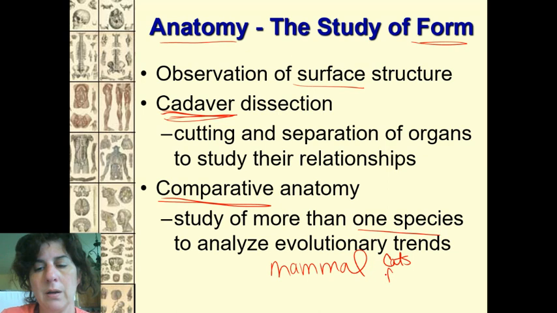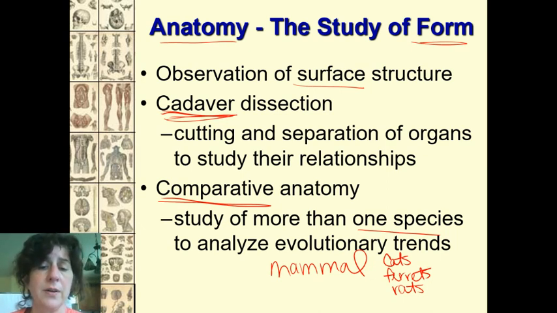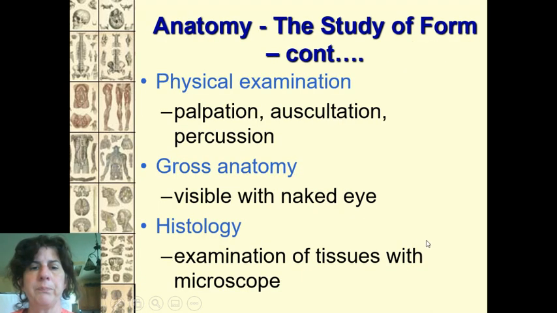I've seen ferrets. The other one is rats. Rats are nice and cheap, so we use rats a lot of the time in class. But all of these are types of mammals, so their structures are going to be very, very similar to the human ones, and we can use that to get a general idea and compare it back to a human.